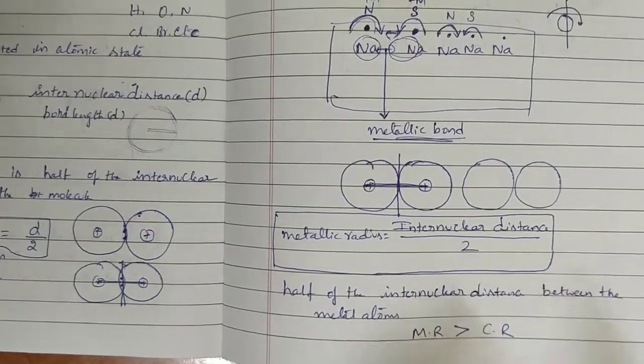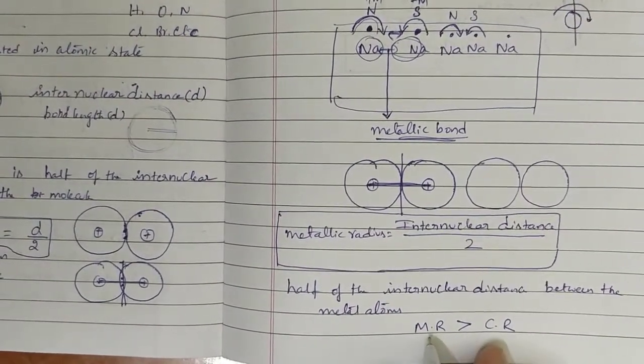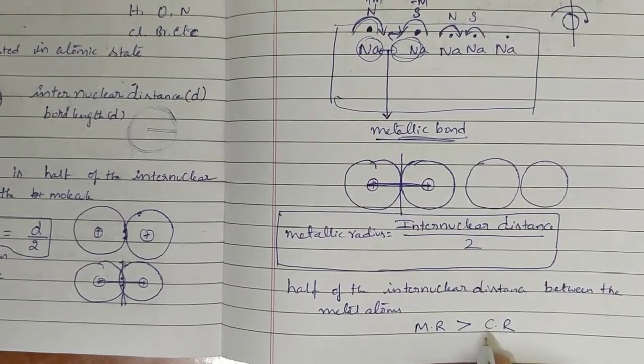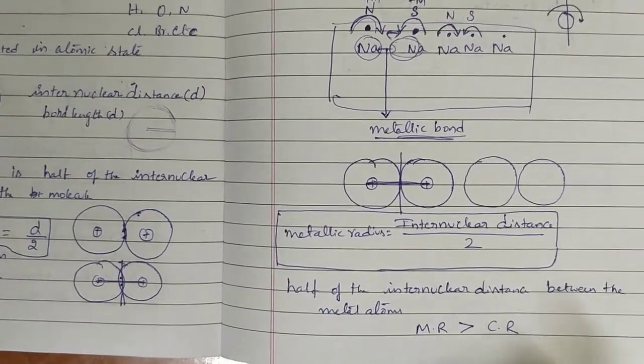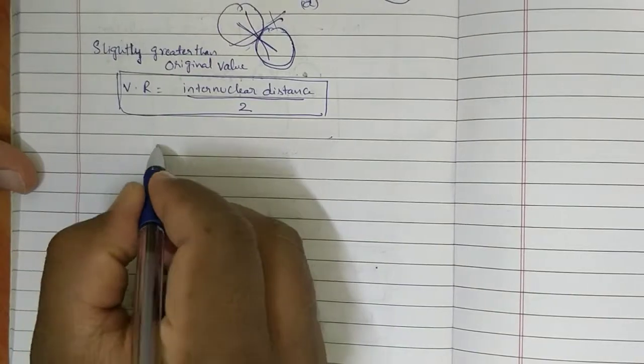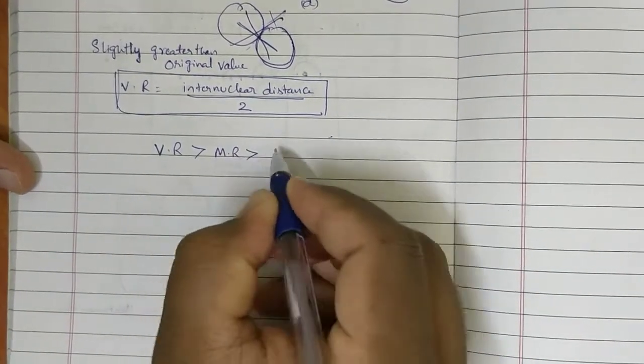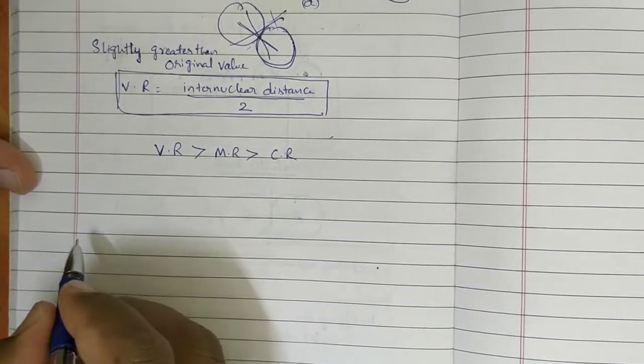But in van der Waals radius, they are a little bit far away. That's why we have already seen that metallic radius is greater than covalent radius. Now van der Waals radius is greater than metallic radius. So the relation between these three types of radii is: van der Waals radius is greater than metallic radius, which is greater than covalent radius.